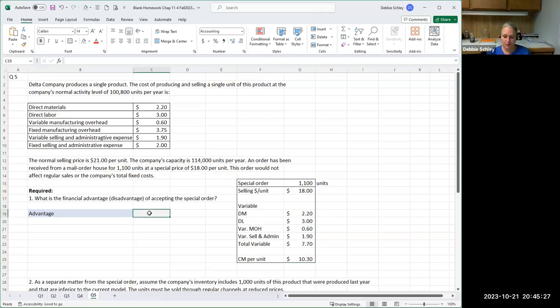And so this is going to be an advantage because they are making money per unit. And so the number would be that contribution margin per unit times the number of units. And so my advantage is 11,330. Yeah, hopefully that helps. Just remember your numbers are probably different than mine, but the process should be the same. Good luck.